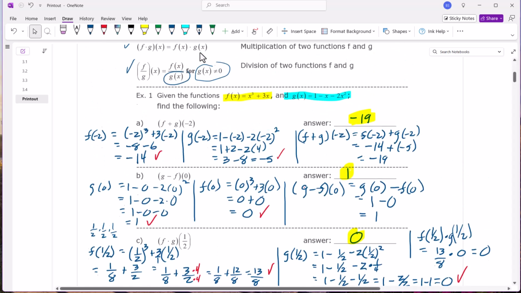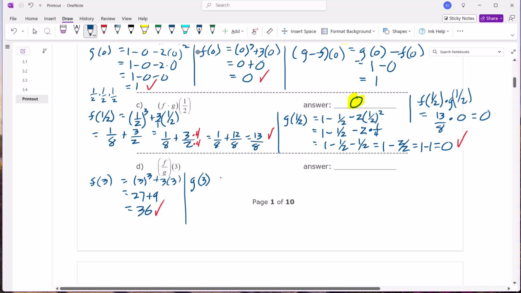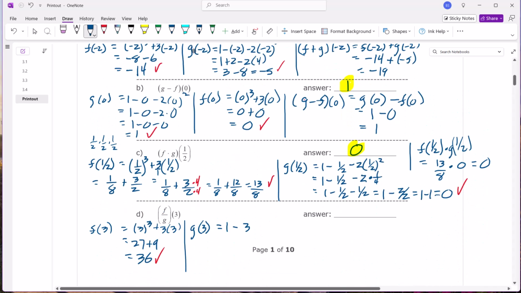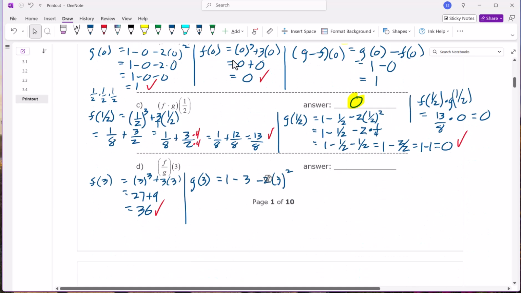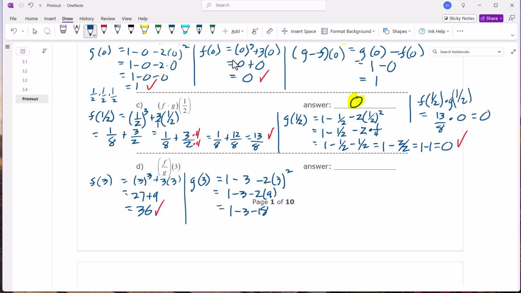So we have to plug into the function g, which is 1 minus x minus 2x to the second. Okay, that'll be 1 minus 3 minus 2 times 9. So that's 1 minus 3 minus 18. That is negative 2 minus 18, so that is negative 20. Okay, and then to finish up the problem, we just need to divide.